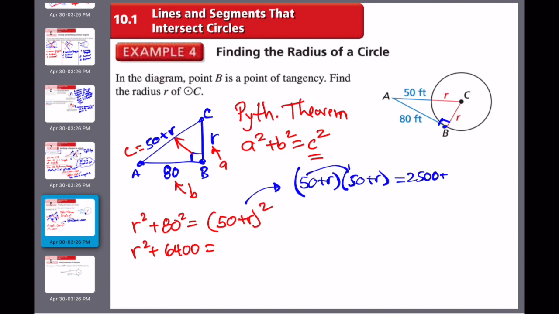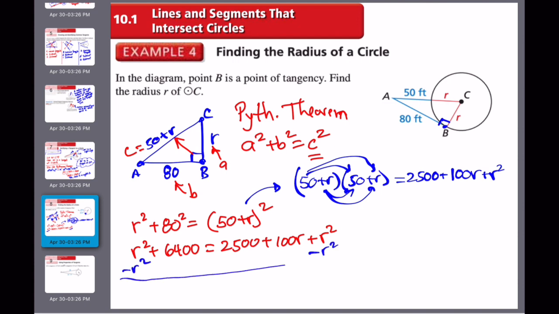That's the 50 times 50, and then 50 times R is 50R, and then we have an R times 50, that's another 50R, that makes 100R altogether, and then R times R gives us R squared, 2,500 plus 100R plus R squared. And now we want to combine our R squareds. We always start with the highest exponent first, because if it cancels, which it does, we don't have to factor. If the R squared did not cancel, we would need to factor to solve this.